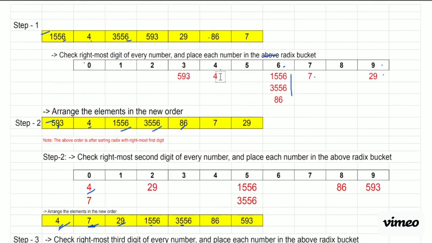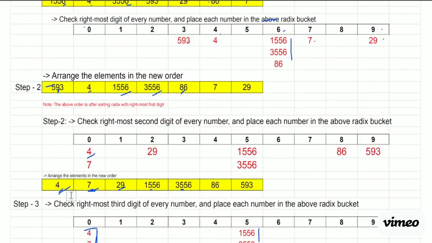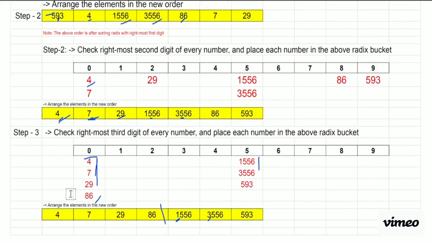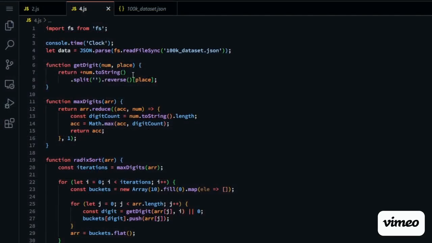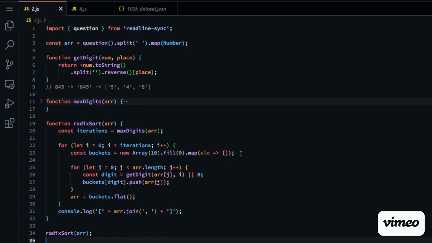And this actually leads to another disadvantage, the space consumption. Insertion sort is an in-place sorting algorithm because we are not creating any separate arrays. We are actually working with the same array. There is no separate memory being allocated. But in our radix implementation, as I showed before, we are creating these buckets.